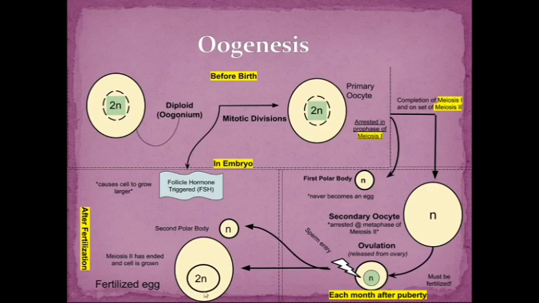So inside the functional ovum the sperm nucleus will already be present. That is why we call it a fertilized egg. The sperm nucleus and the egg nucleus, that is the nucleus within the ovum, fuse together to form a diploid zygote. So meiosis 2 will be completed only after fertilization.